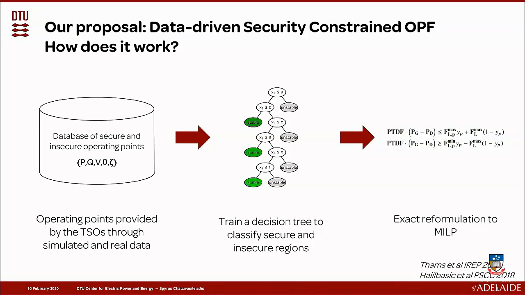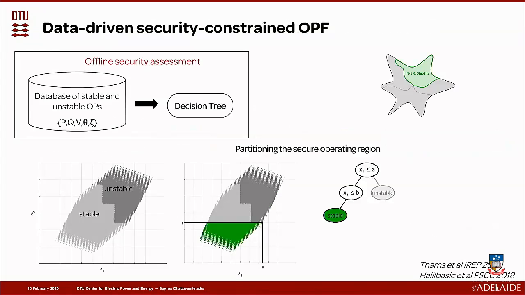Whatever information our decision tree has is now encoded in our constraints, which are linear constraints with binaries. So this decision tree can tell us, for example, that this is stable, which means that it has already encoded the small signal stability and whatever else this database includes. And now this is reflected in our inequality constraints. This is how this works.